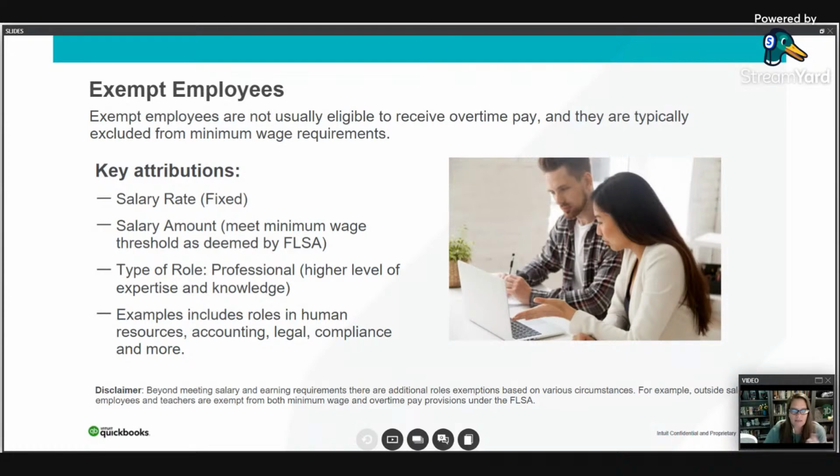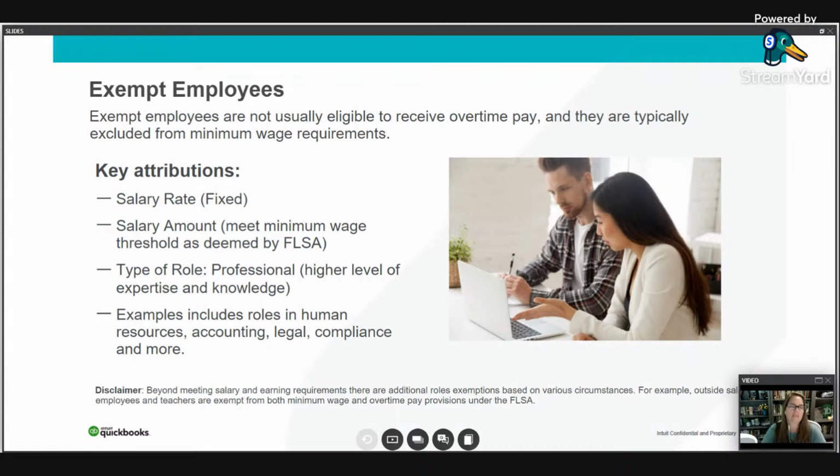It's like a little test that can help employers determine who meets those exemption criteria. So what does that exemption mean? What does exempt mean? It means that employers are not required to pay overtime to employees who are properly classified as exempt. They may, however, choose to compensate such individuals for extra hours through different benefits packages.